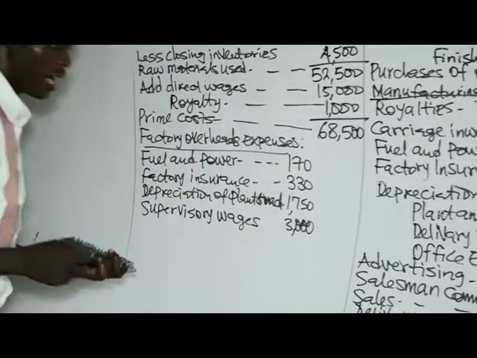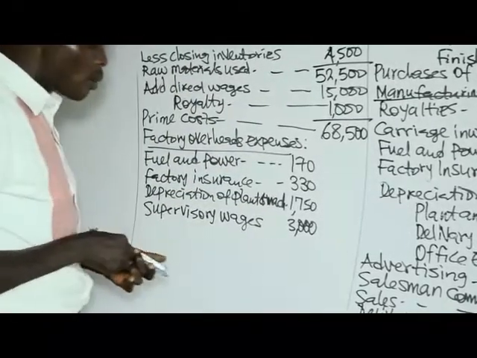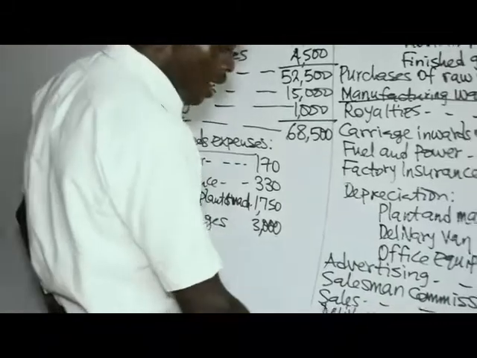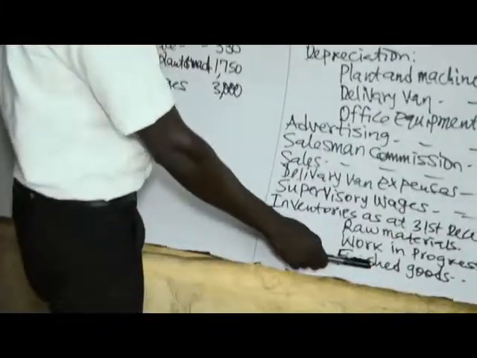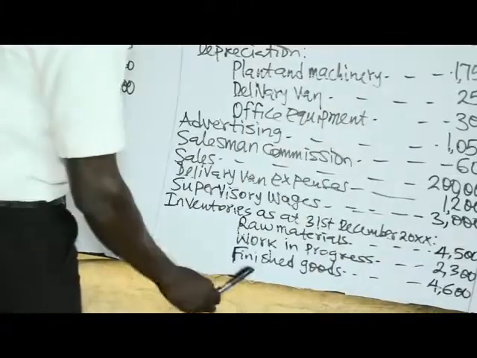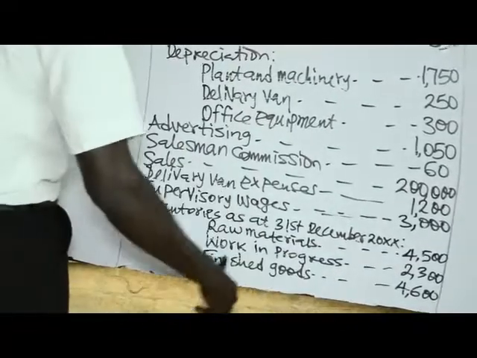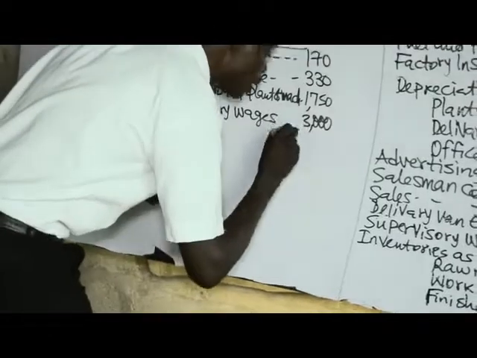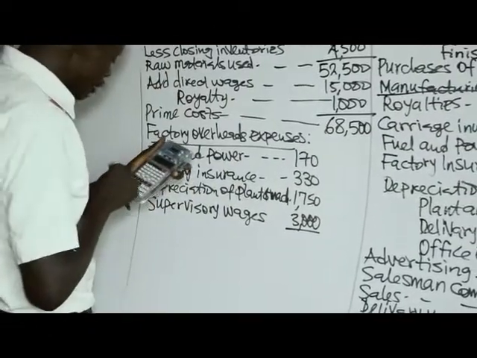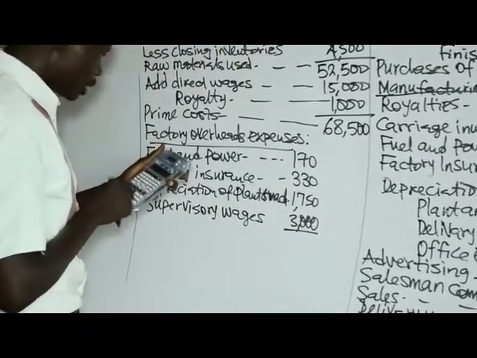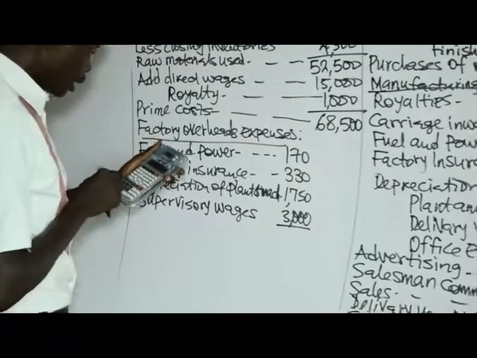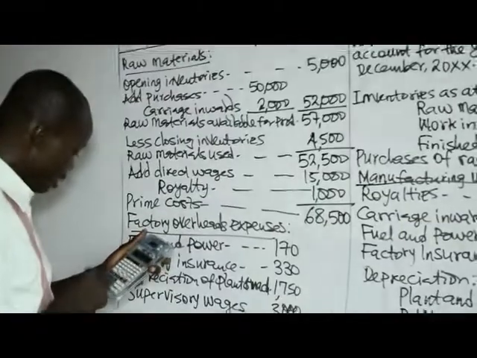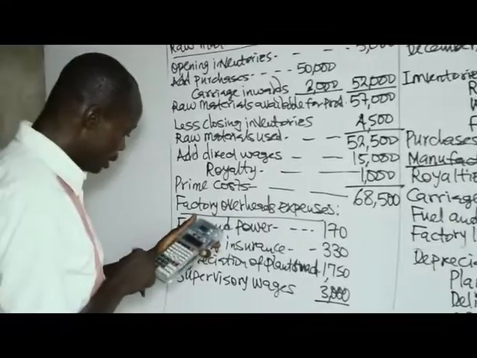That is factory overheads. After the supervisory wages, the next item we have are the inventories. Inventories are the last item in the question. So, these are the overheads we have: 170 plus 330 plus 1,750 plus 3,000.